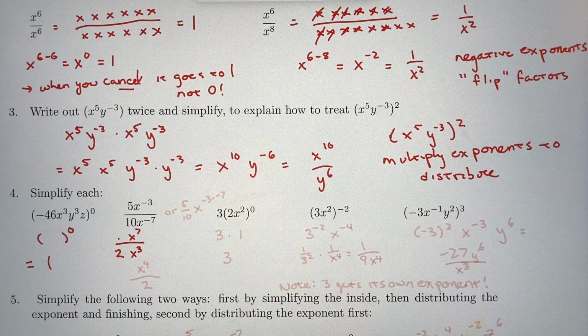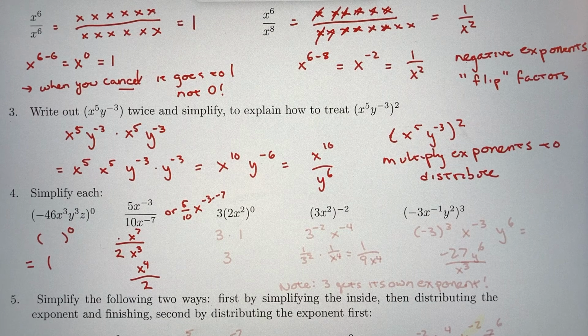We have x to the 4th more x's on top, so the x's end up on top. -3 minus -7 is +4.